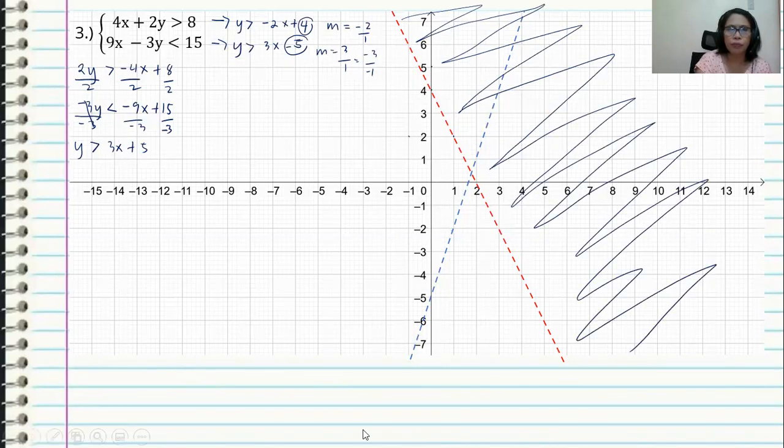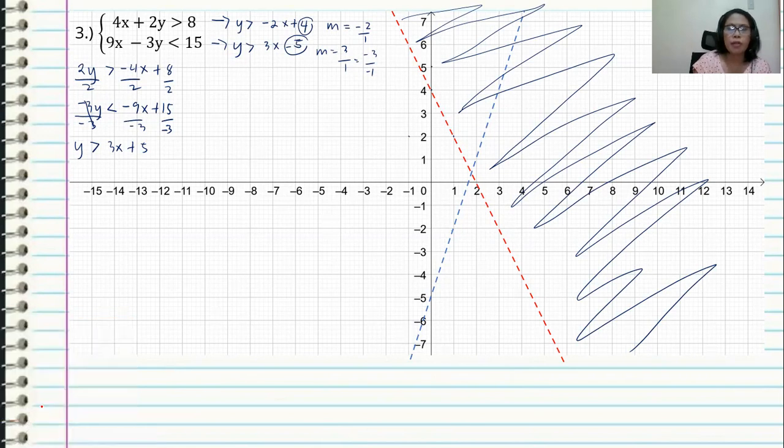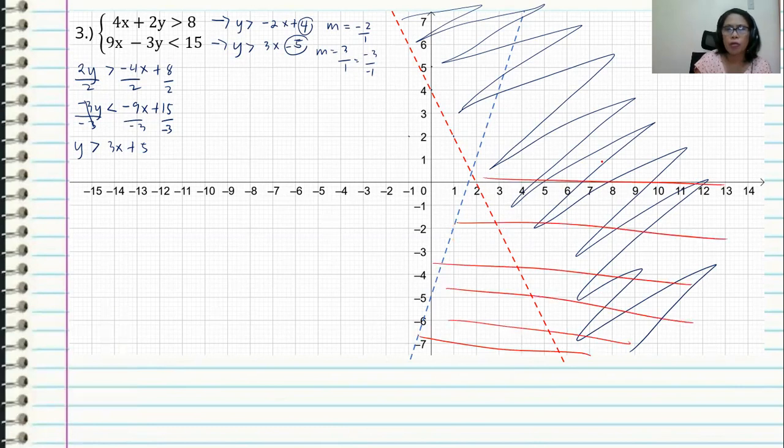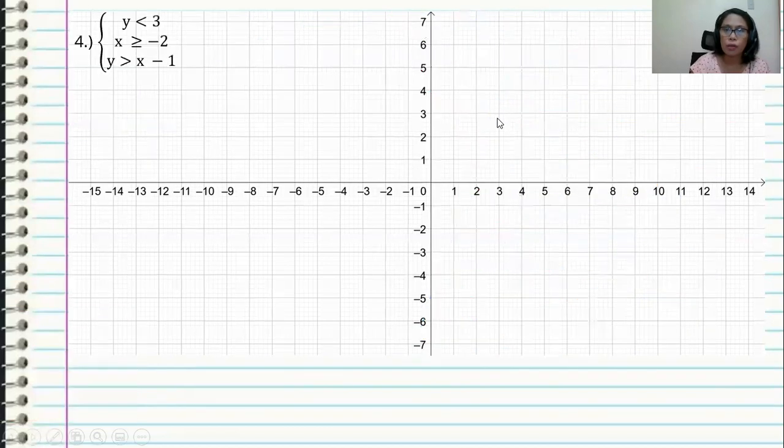And then it's less than for the second inequality. Okay. So the overlapping region must be considered as the solution set for this, which is this portion.